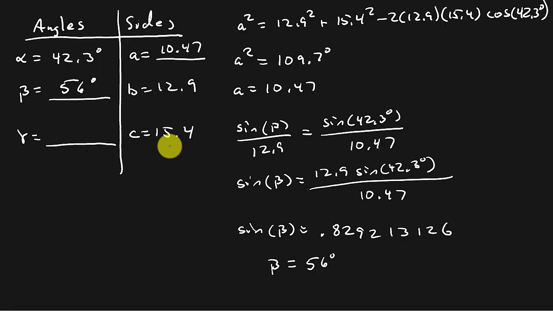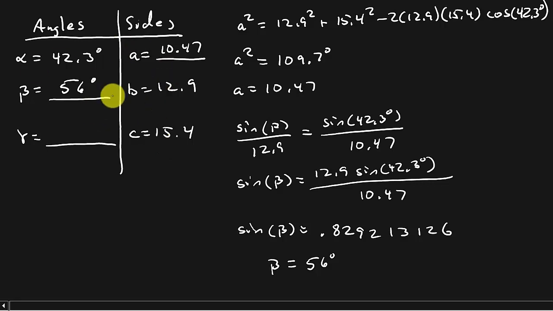So I solve for the smaller angle first, because I know that the smaller angle is in the first quadrant. It's between 0 and 90. I don't know if gamma is between 0 and 90. It might be between 0 and 90.